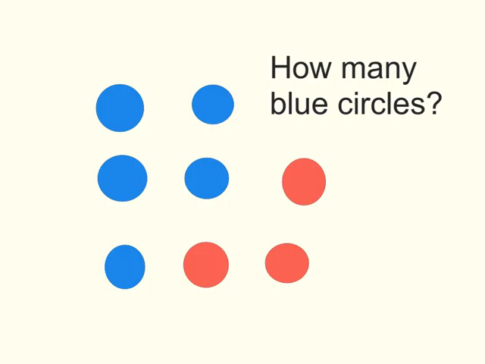Let's start out with our denominator. So we'll start out counting how many circles there are altogether. There's 1, 2, 3, 4, 5, 6, 7, 8 circles altogether. So 8 is going to be our whole, which will be how many objects altogether, which will be the denominator.